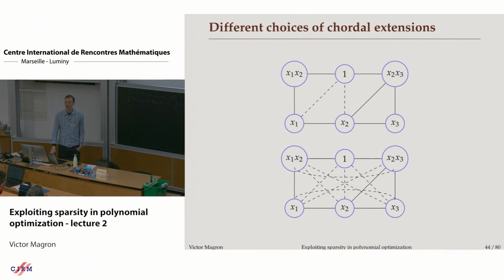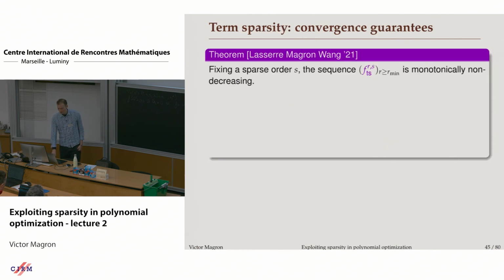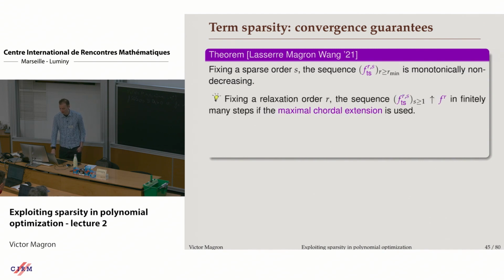So we call that maximal chordal extension. And depending on the chordal extension, then you have more or less theoretical guarantees. So if you fix a sparse order, so a number of graph iterations, then you have a sequence which basically increases. So you get better and better accuracy. It's not surprising.